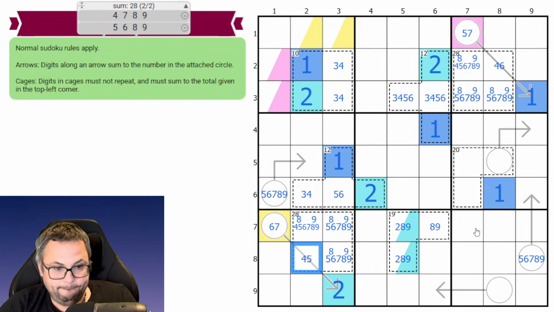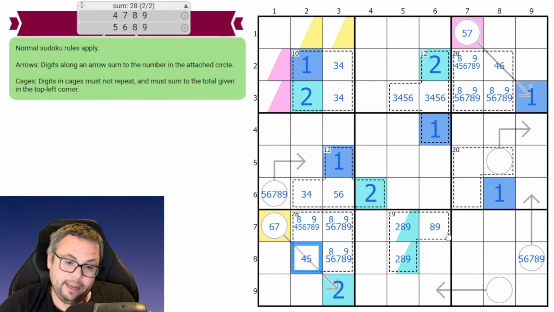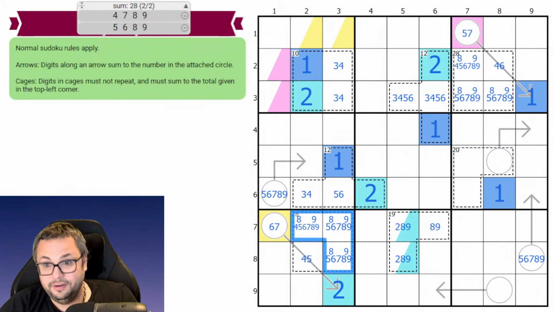Oh, yeah, you only get 1, 4, 5 in a 28 cage.